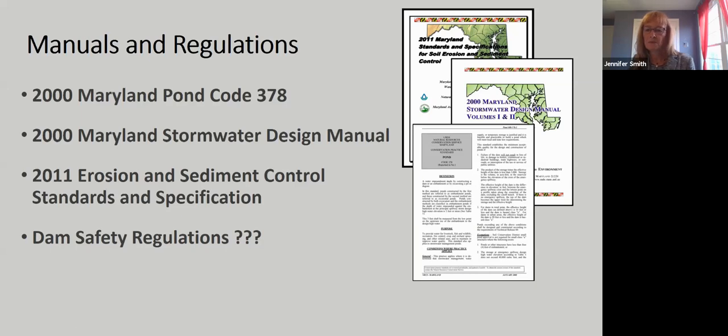Who can tell me when the last time the dam safety regulations were updated? That's right, we are still using dam safety regulations that were last updated in 1978. MDE was not even created until 1987, so these regulations are older than MDE. So we've got to ask ourselves, are the design criteria in these documents still appropriate?